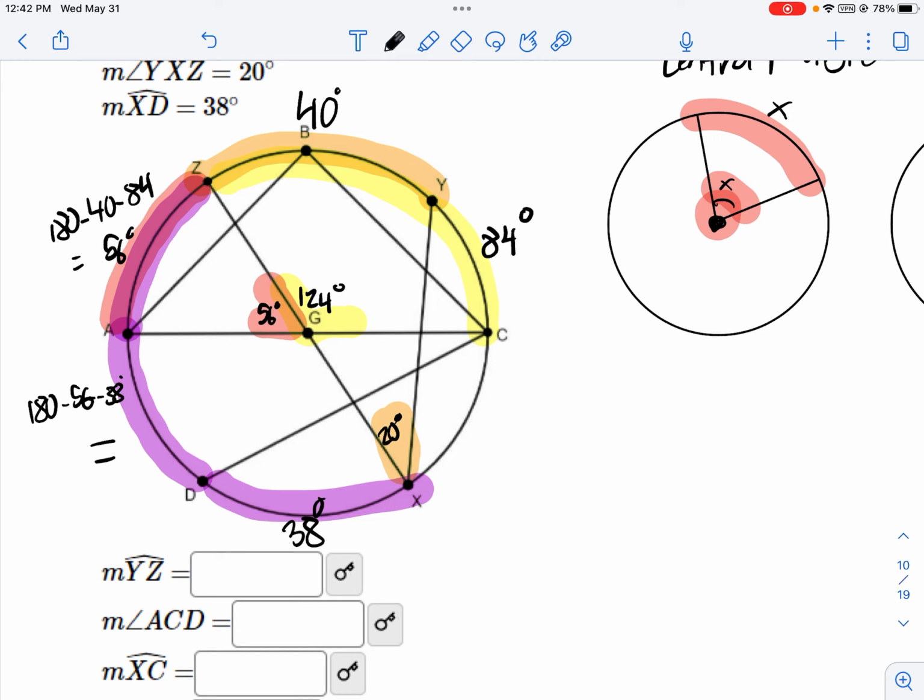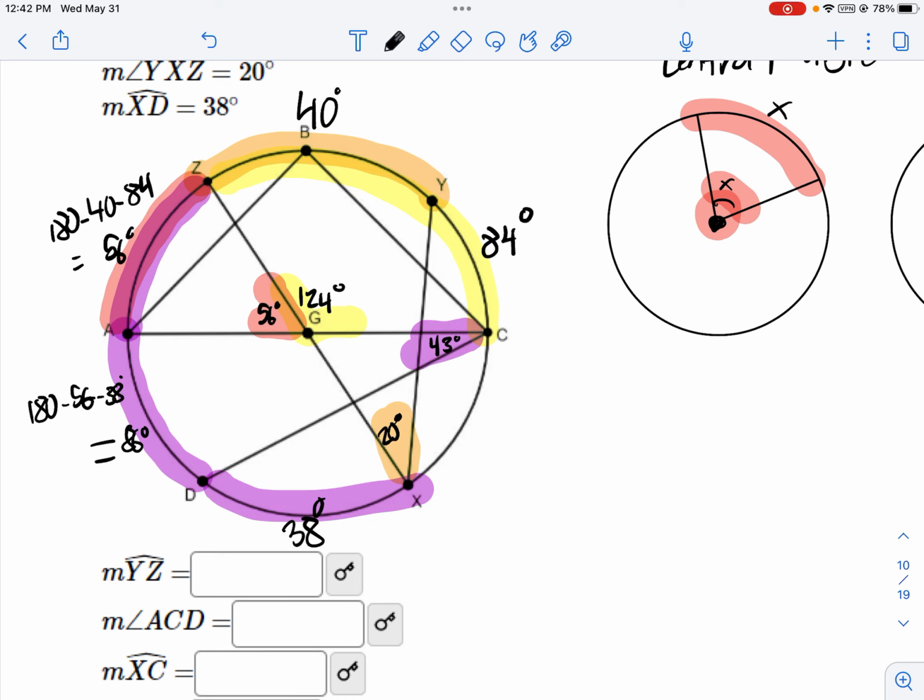So 180 minus 56 minus 38, and we end up with 86 degrees. Okay, if we wanted to keep it going, we'll notice that is an inscribed angle. We have that double half relationship. So the arc is double, which means half of 86 is 43, and that would be the inscribed angle.